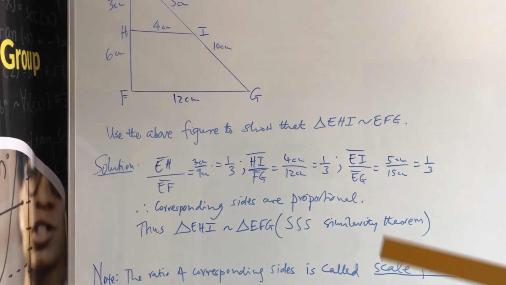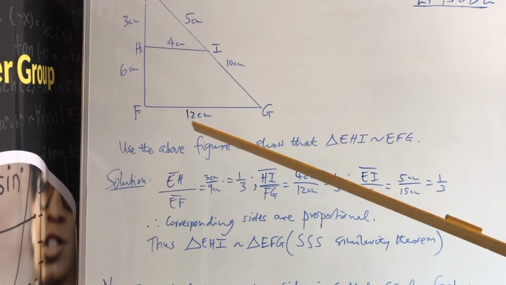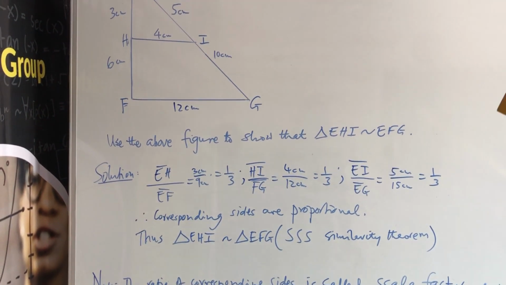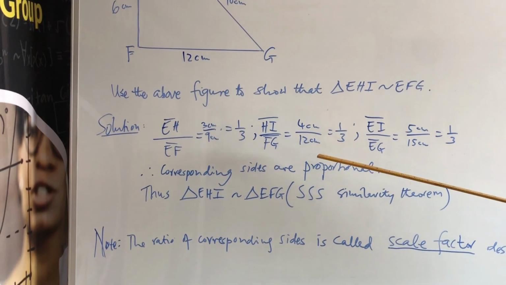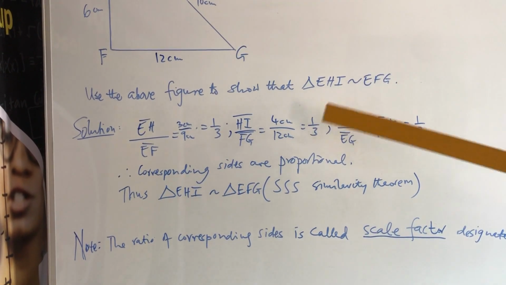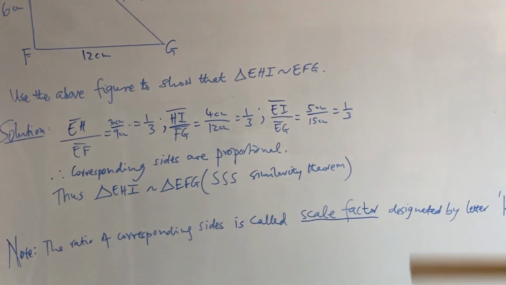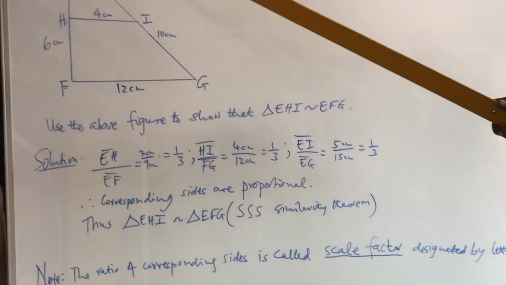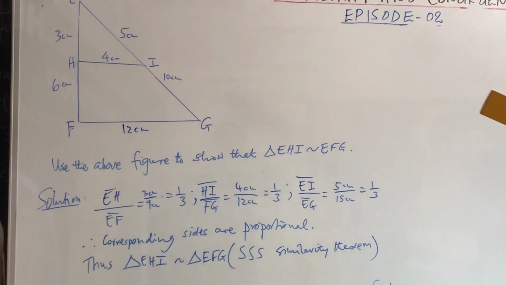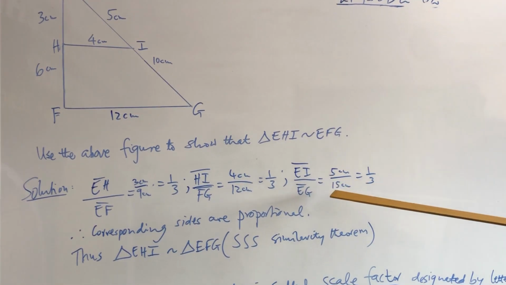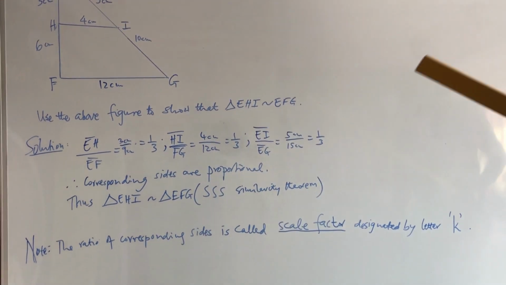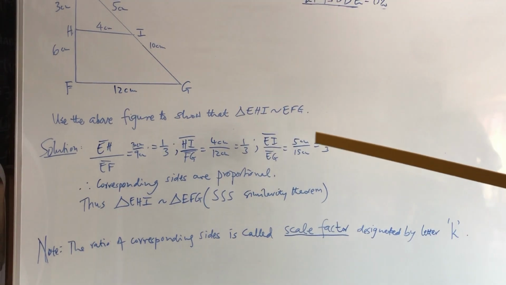Ratio of side HI and FG is equal to 4 centimeters to 2 centimeters, which simplifies to 1/3 again. And ratio of side EI to EG is again equal to 5 to 15 centimeters respectively, which is also equal to 1/3.